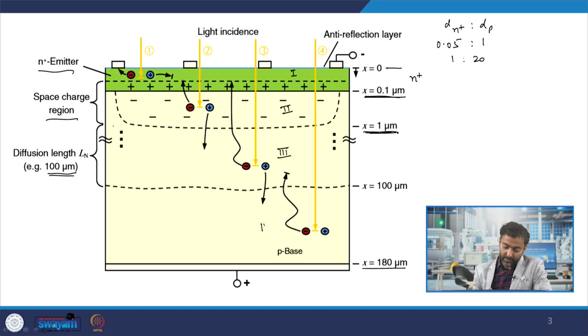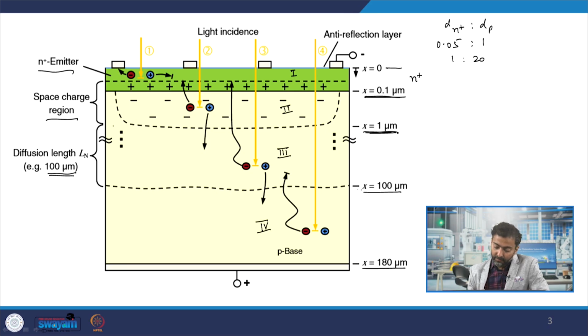And then the fourth region is much deeper in the solar cell, beyond the one diffusion length boundary. So, after x equal to 100 micrometer till x equal to 180 micrometer, let us say. We saw in the last class the typical depth of a solar cell is of the order of 200 micrometers or so, it can go up to 500 micrometer also, by the way, depending upon the design and some parameters, but the typical number is like 180, 200 micrometers.